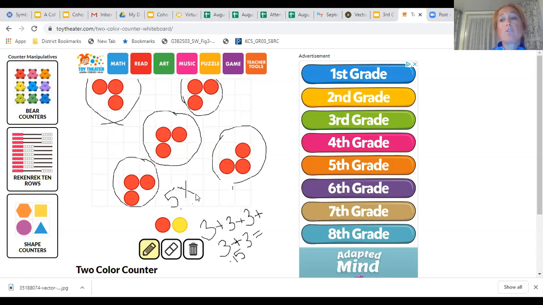This symbol right here means groups of, 5 groups of 3, and that equals the same number as 5 groups of 3 here, 15. So whether you do it as a repeated addition equation or a multiplication equation, you get the same answer. Now remember, multiplication is always the number of groups times the number in each group. Okay, so this is how a repeated addition equation can also be shown as a multiplication equation.